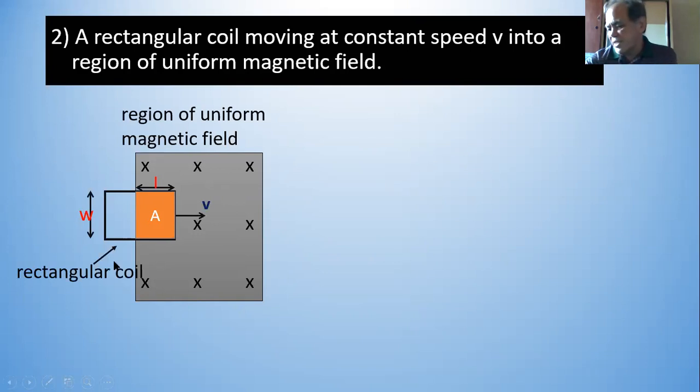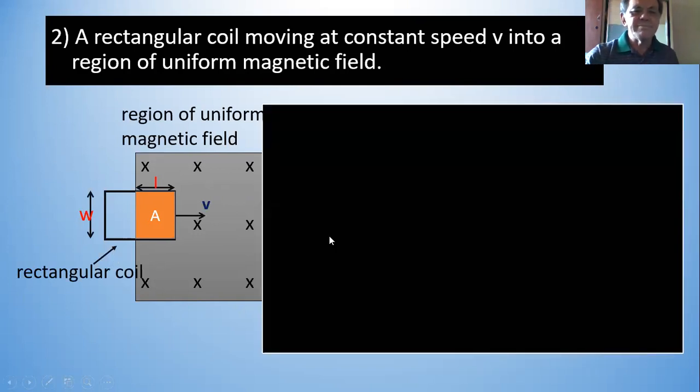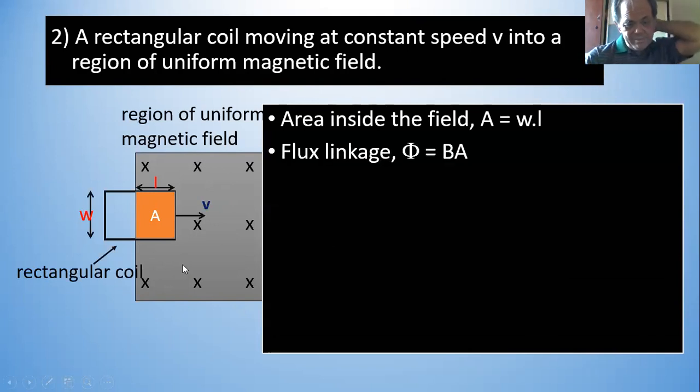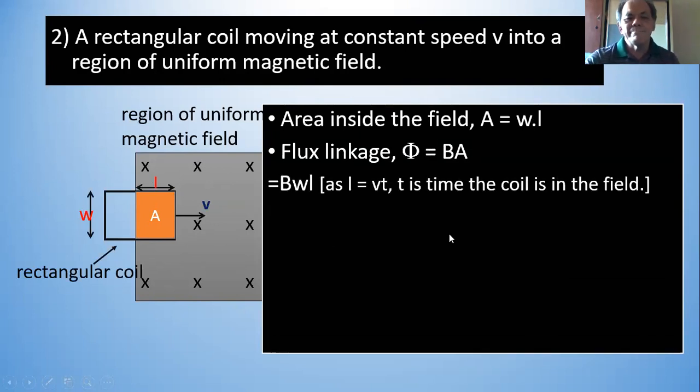That's the rectangular coil. So area is just this area inside the coil, L times W, or W times L, and your flux linkage, if it's 1 turn, is just B times A. If it's perpendicular, then replace your A with W times L.